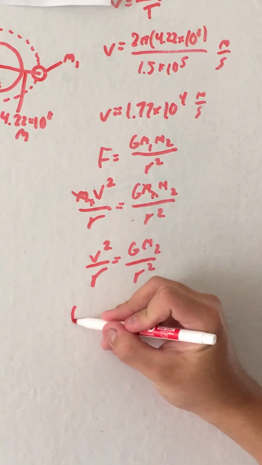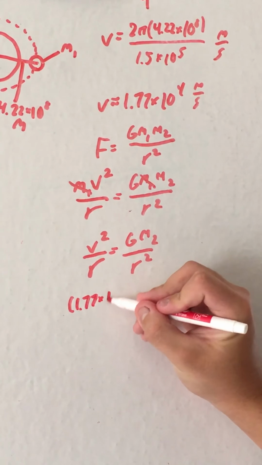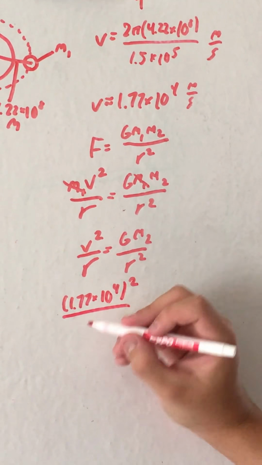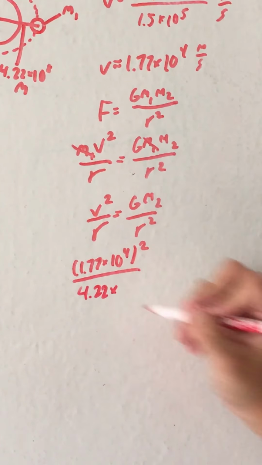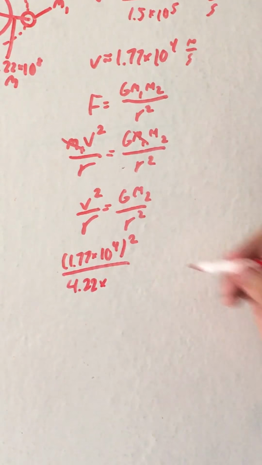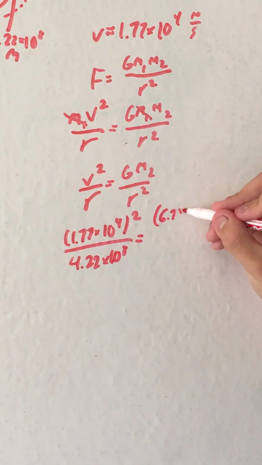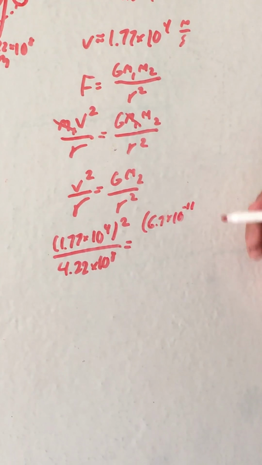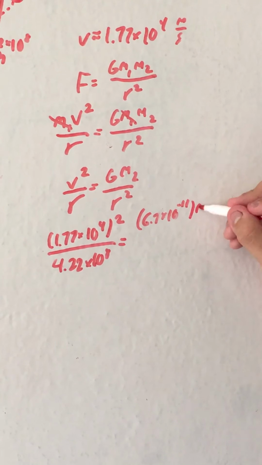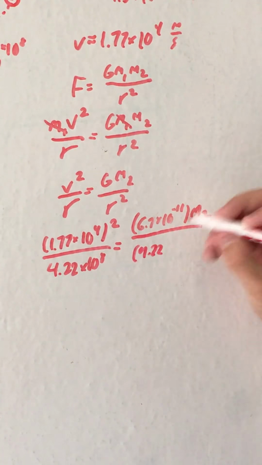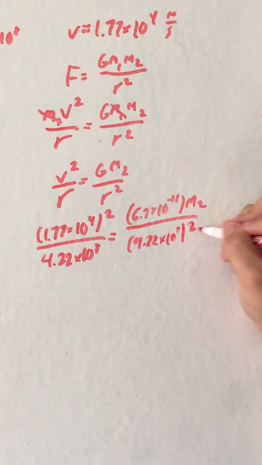Now first you have to plug everything in: 1.77 times 10 to the 4th, divided by 4.22 times 10 to the 8th, and multiplied by 6.7 times 10 to the minus 11, because that's the gravitational constant, m2, divided by 4.22 times 10 to the 8th squared.